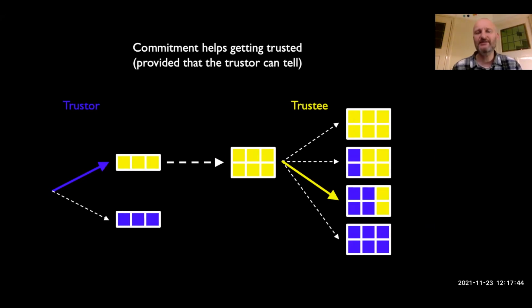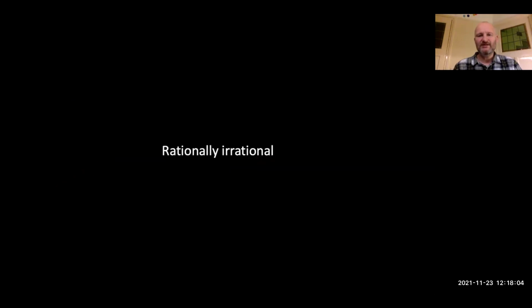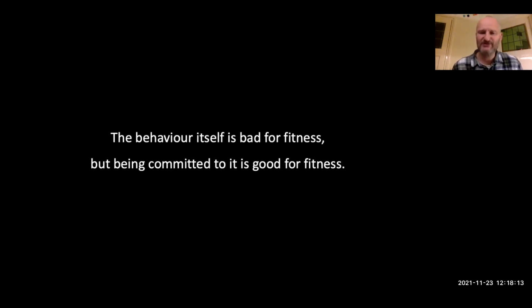Now, again, here it's important that the truster can tell, as before, because of course, it doesn't help you to be committed if the other player doesn't understand that you're committed. Then your commitment can't change the behavior of the truster. So here's the same. It's rationally irrational. It's irrational to send back money, but it's rational to be committed to sending back money. And again, the behavior itself is bad for your fitness, and being committed to it is good.